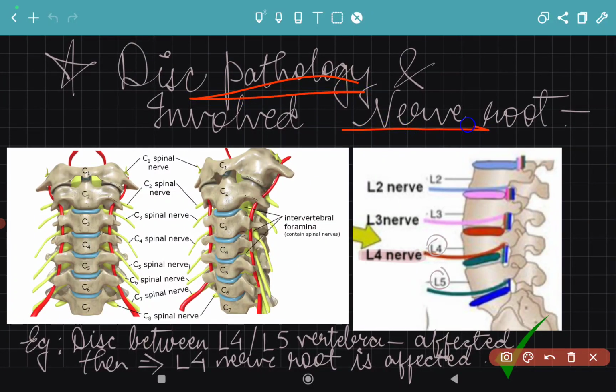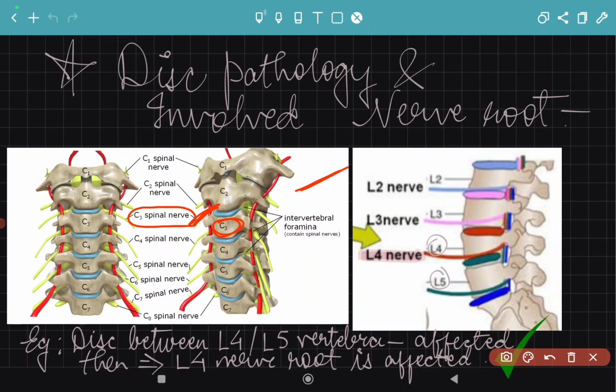In the previous series we saw from which vertebra, whether from above the vertebra or from below the vertebra, the corresponding spinal nerve is emerging. Suppose if we consider this diagram, if we consider the C3 vertebra, the C3 nerve root or C3 spinal nerve is arising above the C3 vertebra.